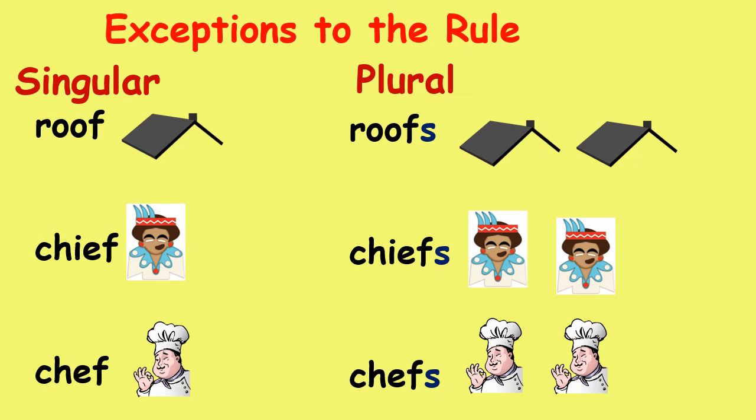Now, as you would notice, the singular form of the noun ends in F. But to make these nouns plural, we do not change the F into a V and then add ES. To make these nouns plural, we just add S. So roof becomes roofs, chief, chiefs, chef, chefs.